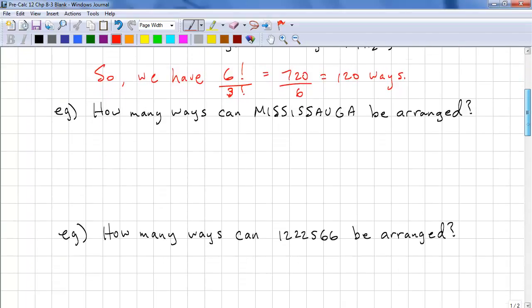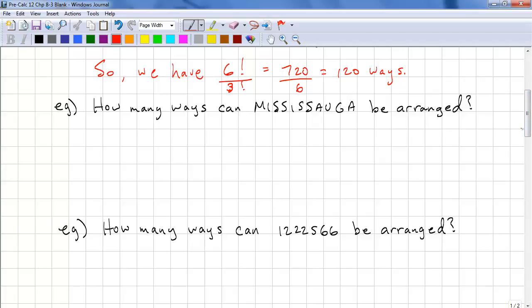Here's another example. How many ways can Mississauga be arranged? Well, we have 4 S's. We have 2 I's. And we have 2 A's.